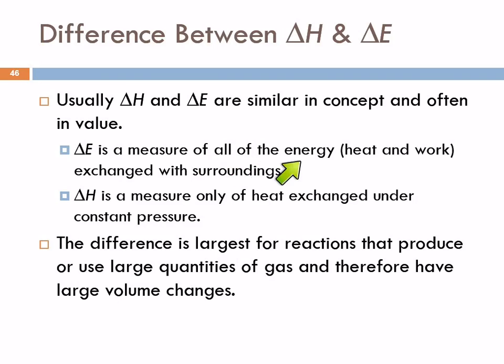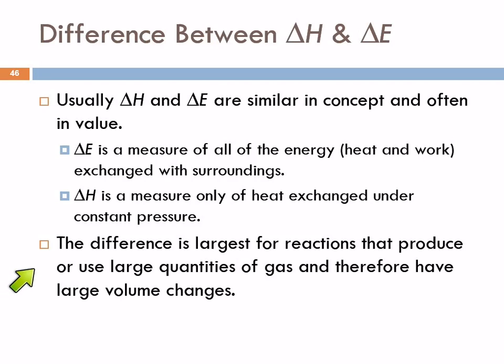That measures all the energy, heat, and work that are exchanged with surroundings. Delta H measures only the heat exchanged, and this is at constant pressure. Constant pressure, though, is very easy to obtain. That's what we were doing in our coffee cup calorimeters. It was open to the atmosphere, so the pressure stayed the same.